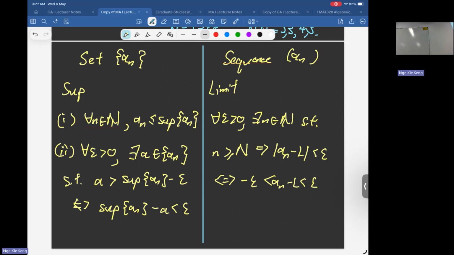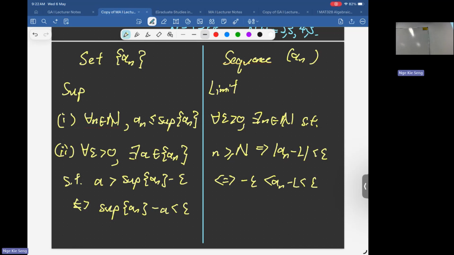And this is actually the content of the monotone convergence. Yeah, the sup is the limit. If you are non-increasing and you are bounded below, then the infimum is the limit. So these are the two sides.